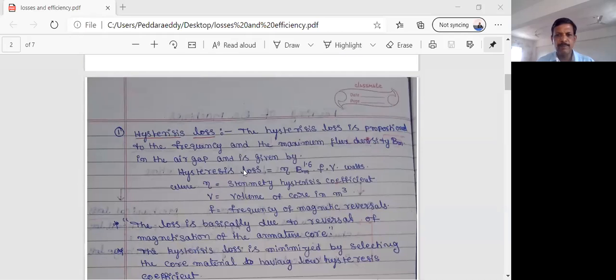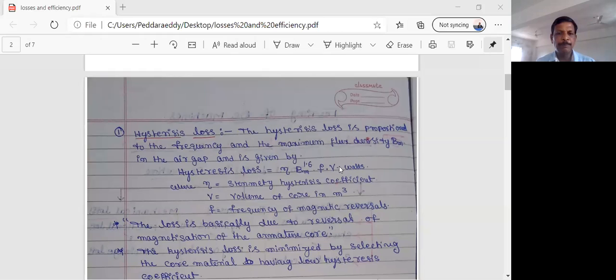Coming to hysteresis loss. The hysteresis loss is directly proportional to the frequency and the maximum flux density. The equation for hysteresis loss is the hysteresis coefficient times B maximum to the power 1.6 times f times V. B maximum is the maximum flux density, f is the frequency, and V is the volume of the core in meter cubed.